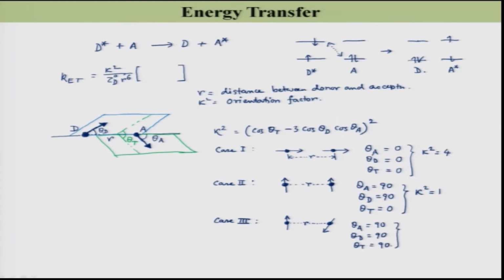This is going to give me kappa square equal to cosine 90 minus 3 cosine 90 and cosine 90, so this is going to be equal to 0.